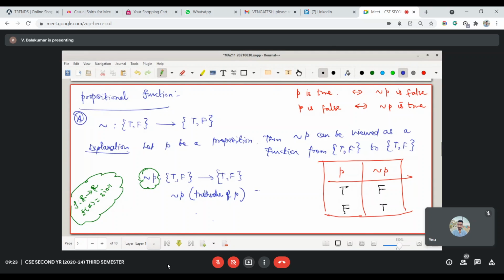This function takes that to the truth value of the negation of that. We shall not write this P here, we shall avoid that for now. Simply I am writing this symbol. That's it, the tilde symbol I have written here. Even if you write tilde P, that's okay.